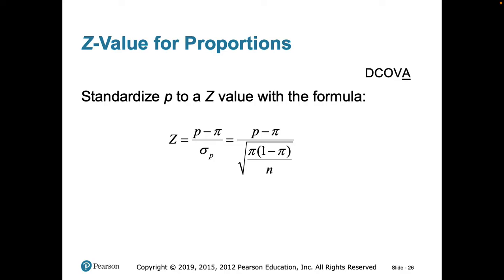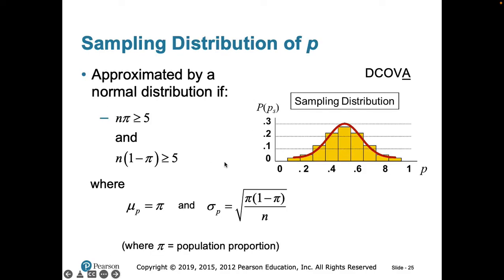So here is your standardized P to Z values. Here is the formula. It's the same formula we've been using before. We're just using different symbols. So you have P minus pi divided by the standard deviation of the population, which, looking at this example, you see that the standard deviation is going to equal the square root of pi times 1 minus pi divided by the sample size.